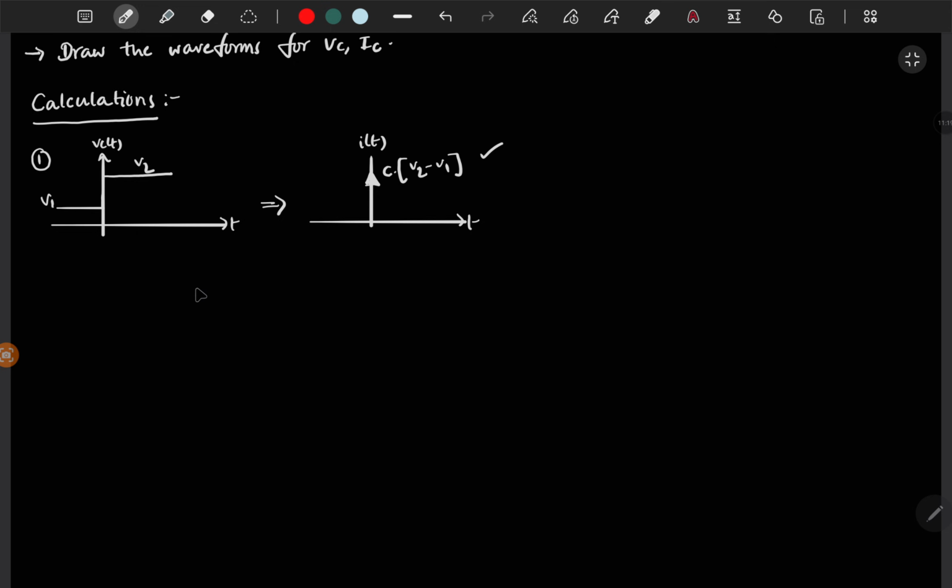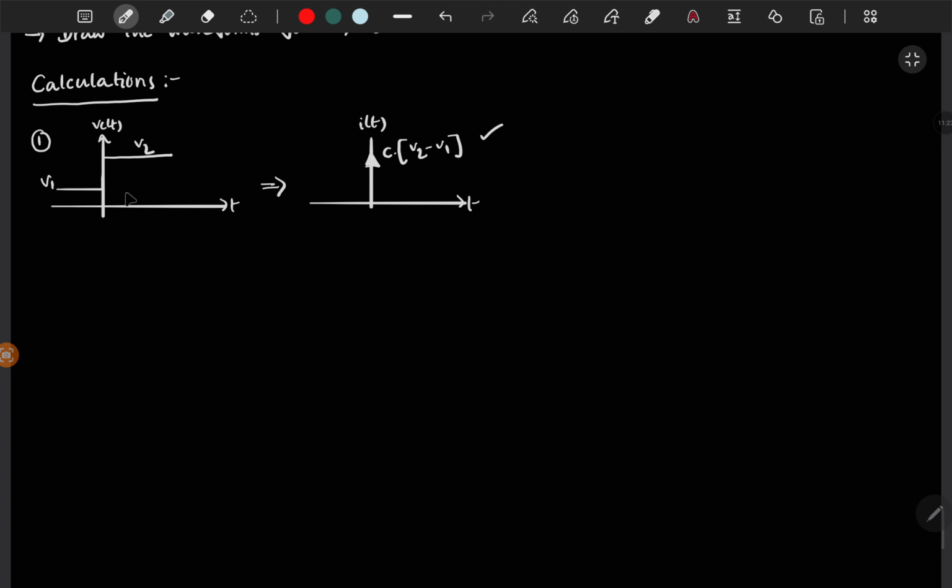And here it is going from lower value to higher value. That's why you have got the magnitude as positive.